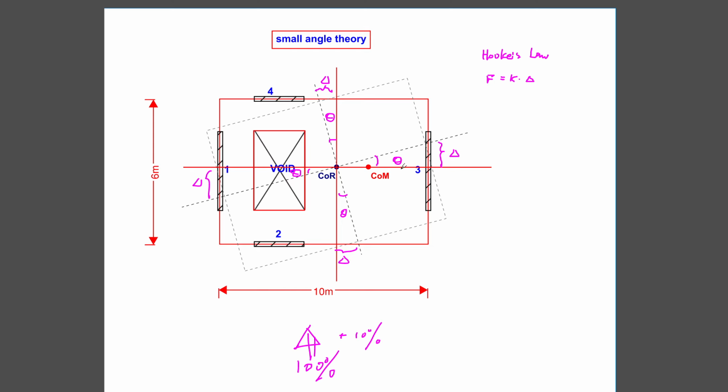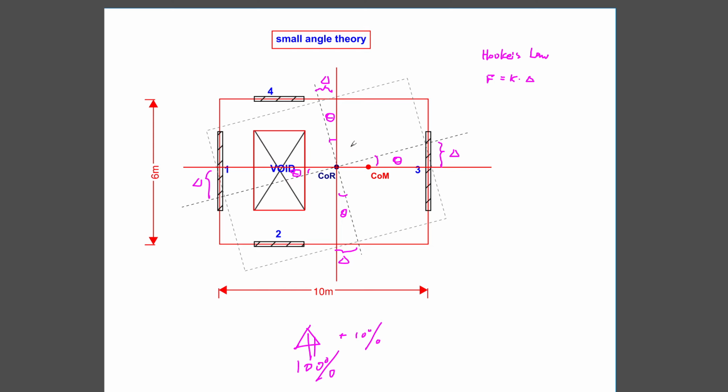As you can see, the further away from the center of rigidity, the angles are the same. However, the deformations are not necessarily the same. If you have a close one, say wall 4, that is relatively close to the center of rigidity compared to wall 1, the deformation at wall 4 is smaller than the deformation on wall 1.